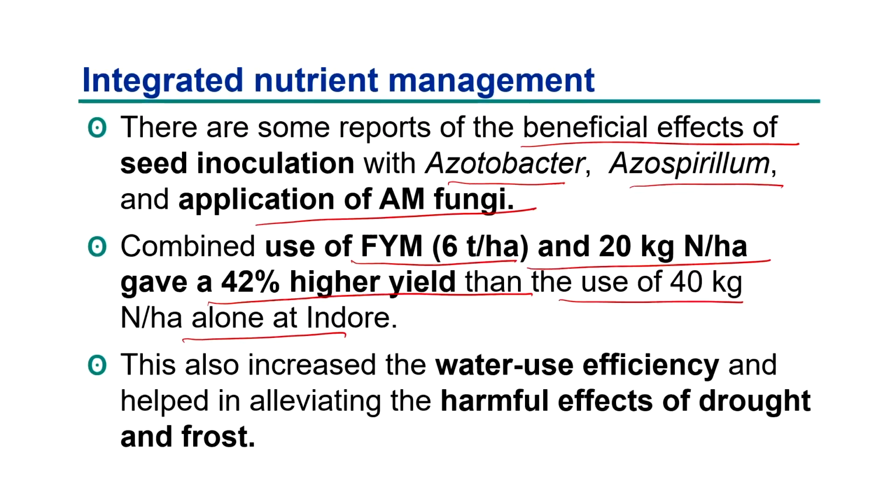This also increased the water use efficiency and helped in alleviating the harmful effect of drought and frost, because these organic materials are known to improve the soil structure, and this improved soil structure results in improved water holding capacity of the soil. So therefore, crops where organic manures are supplied can better withstand the drought conditions.